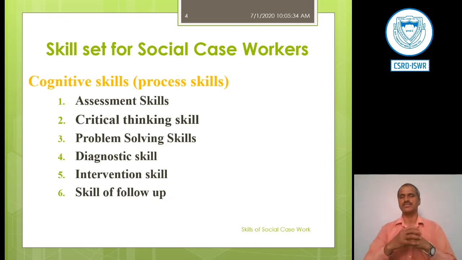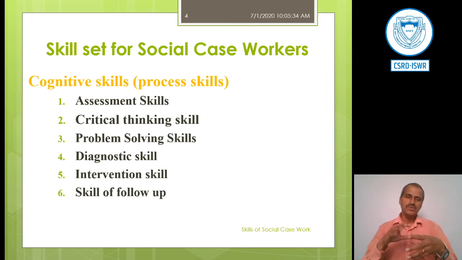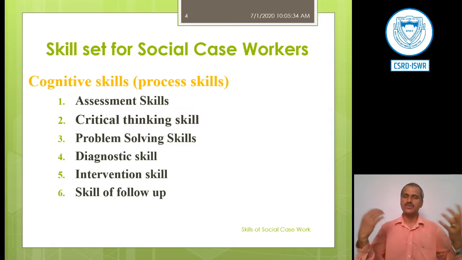There are 6 processes. The first one is study. With regard to study, we require the assessment skills. Assessment means tapasani, mulyankan. How to evaluate the client's capacity, the client's situation, how to assess the client's personal and the social background.